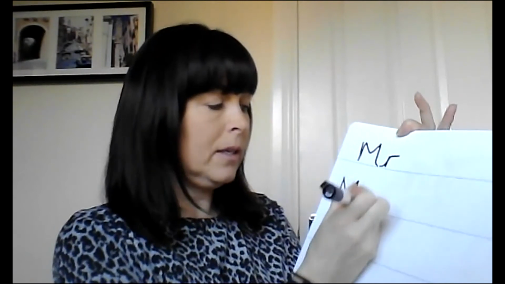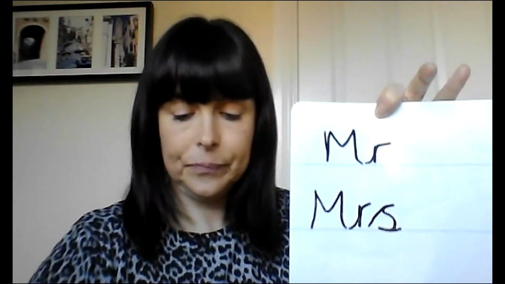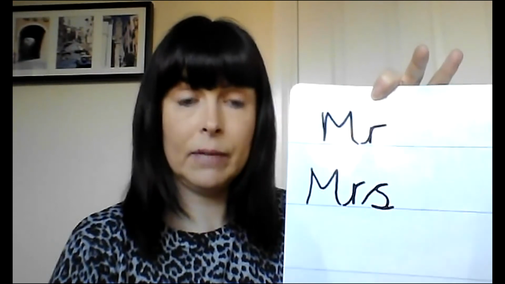Mr. Okay, and then the next one, just the same, because it's used for people's names, it's their title, we'd give it a capital M, Mrs. So same as Mr, but we need a S on the end as well, Mrs. Okay. You can pause the video at any time to have a go at writing them, so take your time.